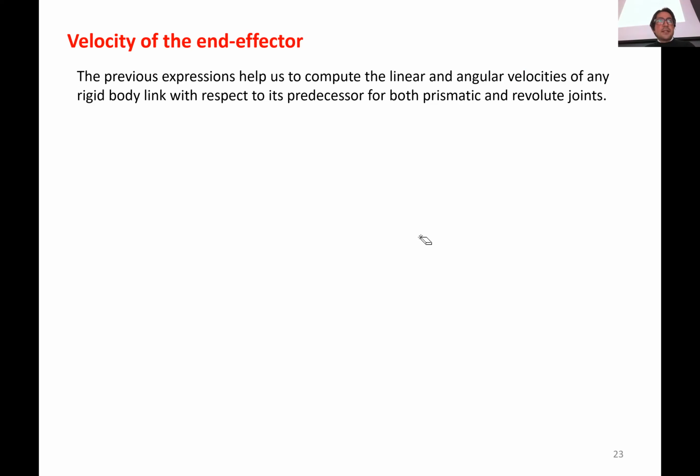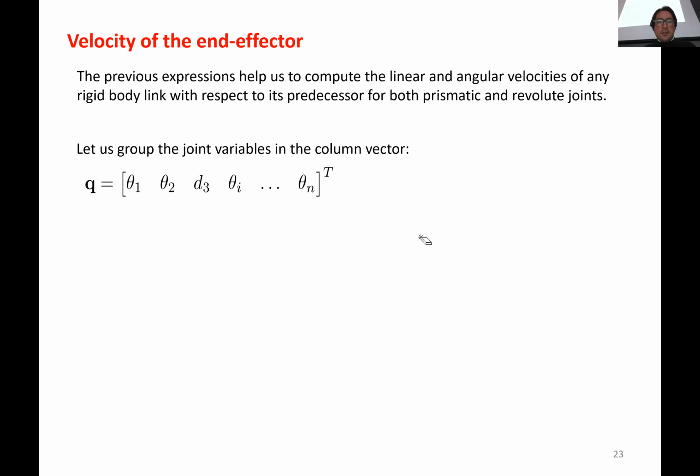As I mentioned, the previous expressions are going to help us compute the velocity of any rigid body with respect to the predecessor, for both prismatic and revolute joints. So now let's group these joint variables as a column vector. Here I'm just putting examples.